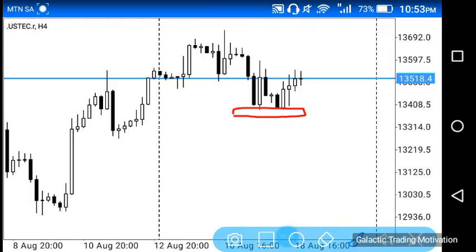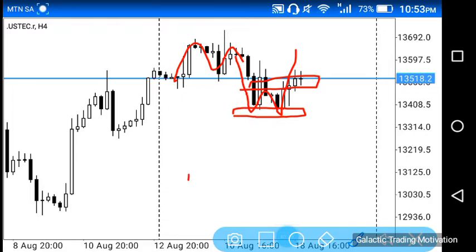And as much as we have this very nice M over here, we also seem to have a W structure, an opposing W structure, that is, with a neckline in more or less the same region. So we have a bit of a dilemma because we have two opposing structures.